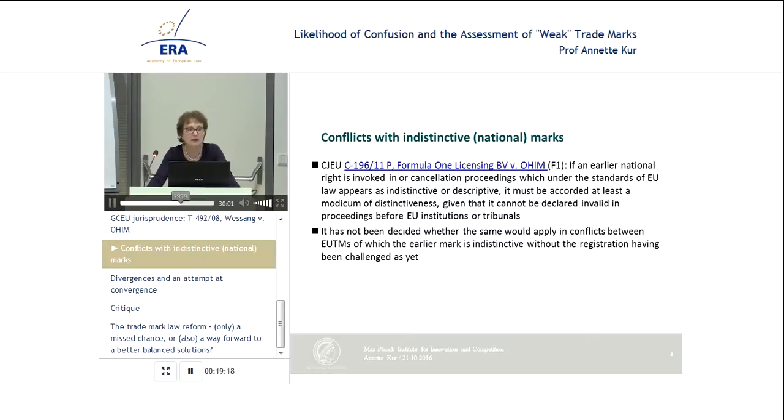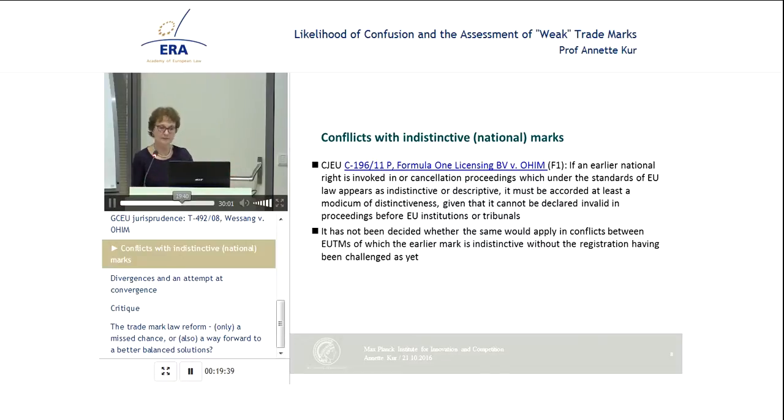So basically, it's not possible to say, okay, we consider the mark for our decision as indistinctive or as plainly descriptive. There always needs to be attributed at least a modicum of distinctiveness to signs which are, after all, validly registered. Of course, this is something that needs to be assessed on a case-by-case basis.